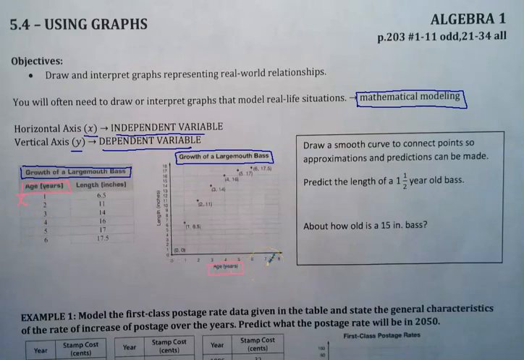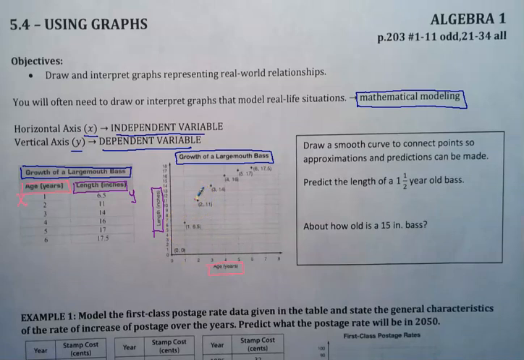That is different than our length in inches. That's our y value, and it goes on our y-axis. Otherwise, each of these is an x-y pair. So we would be graphing 1, 6.5 and 2, 11. That's what those points are.